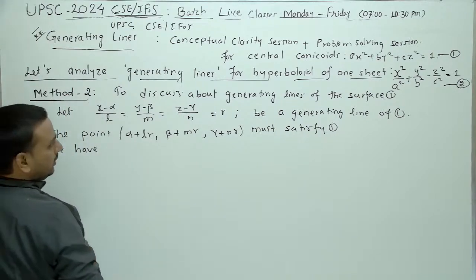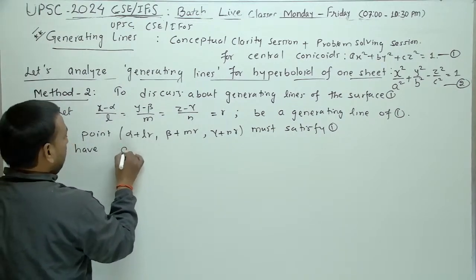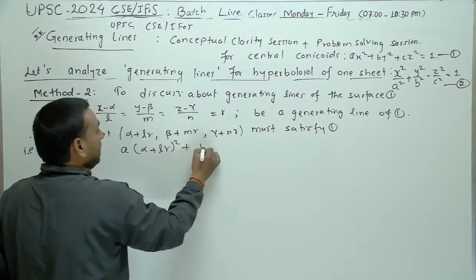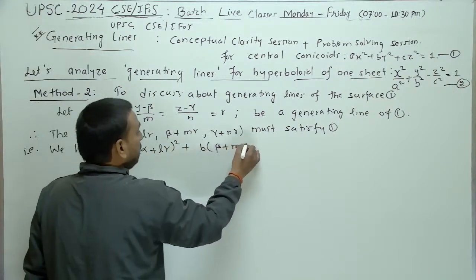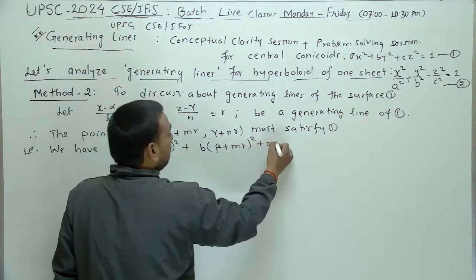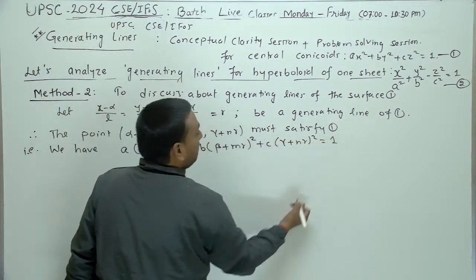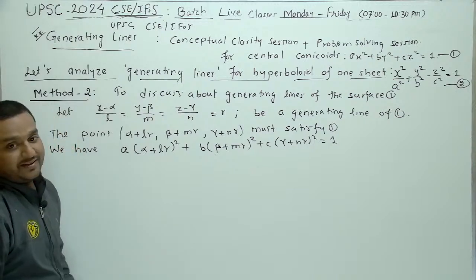So a into (alpha plus lr) whole square plus b into (beta plus mr) whole square plus c into (gamma plus nr) whole square equals 1.